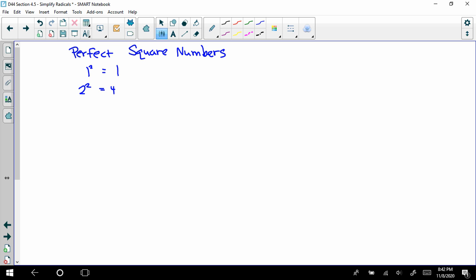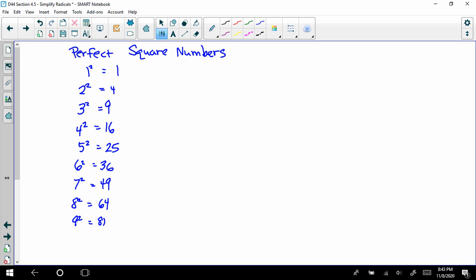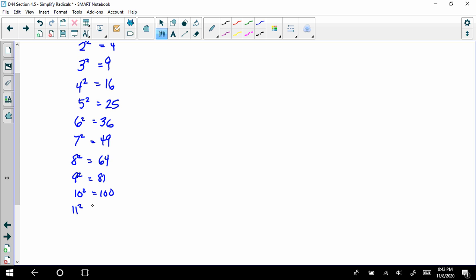And I want you to keep going all the way to 15 squared. 3 squared is 9. 4 squared is 16. 5 squared is 25. 6 squared is 36. 7 squared is 49. 8 squared is 64. 9 squared is 81. 10 squared, we have 100. 11 squared, we end up with 121. 12 squared is 144. 13 squared is 169.